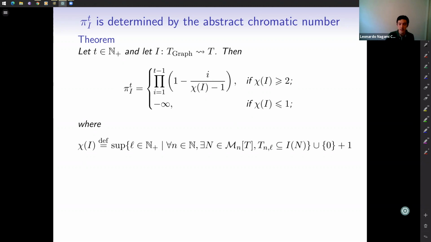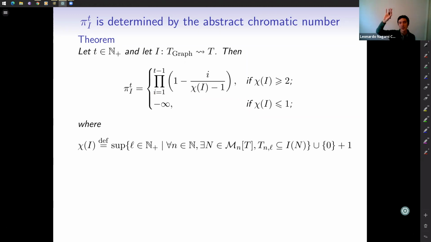Now the theorem says that the density that you see is exactly what you would see in the Erdos-Simonovits and Alon-Shikhelman theorem. This corresponds to the density that you would see on the Turan graph with chi I minus 1 parts, where chi I is this abstract chromatic number. The formula is down here. I'm going to parse this formula in a second, but let me also point out that you have some sort of weird splitting of cases going on here. This is just a technical detail because, as I said, in this general setup, it could be true that there are not arbitrarily large objects.